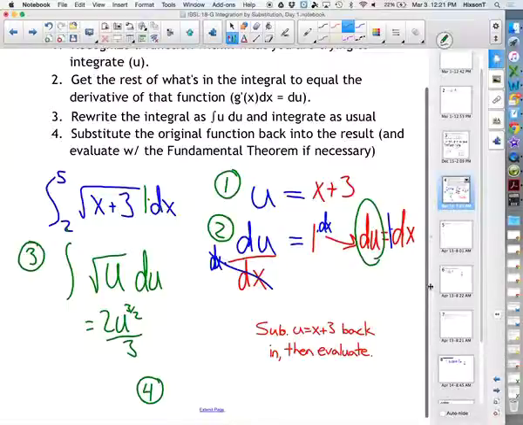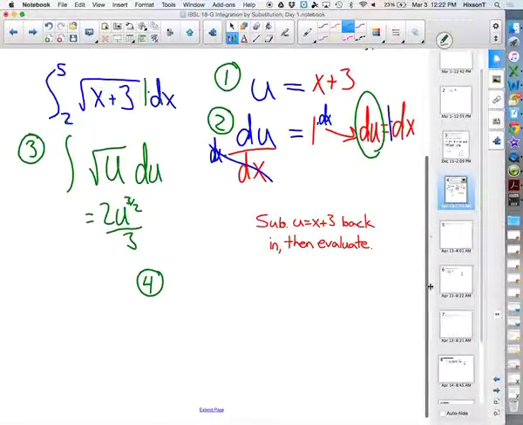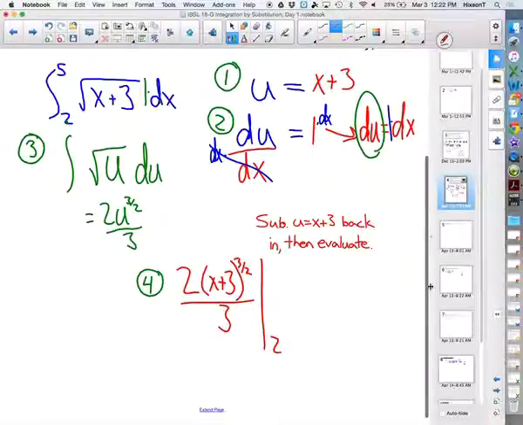But you can't evaluate, you can't do the fundamental theorem of calculus here, because u doesn't equal 5 and u doesn't equal 2; x equals 5 and 2. So this is where we're going to substitute x plus 3 back in. So I have 2 times x plus 3 to the 3 halves all over 3, and that is what I'm going to evaluate from 2 to 5.